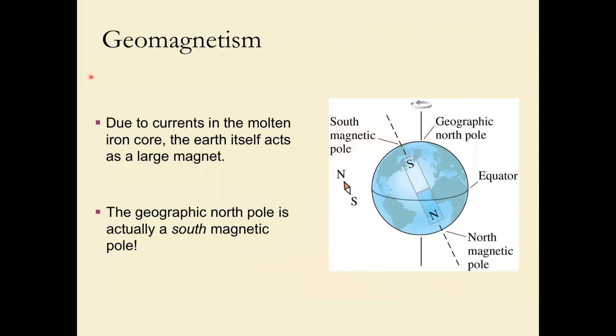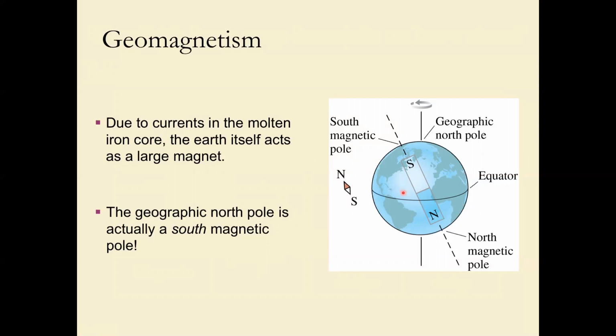And here we will talk about geomagnetism, which means that our planet Earth acts itself as a large magnet. Why? Because the interior of the Earth is divided into layers by density, and in the very inside of the Earth, there is a core, and this core has two parts.